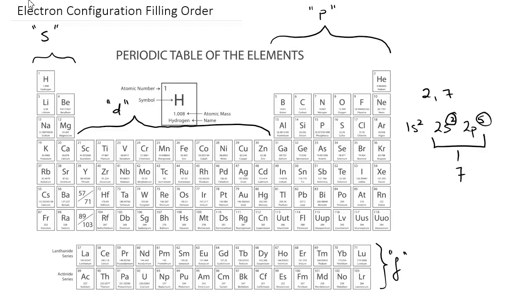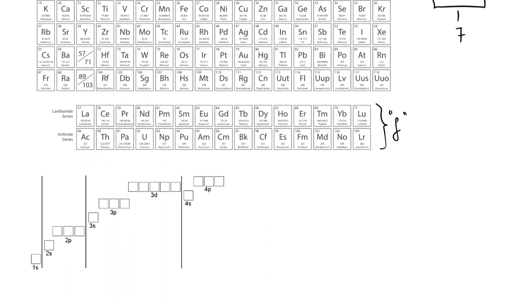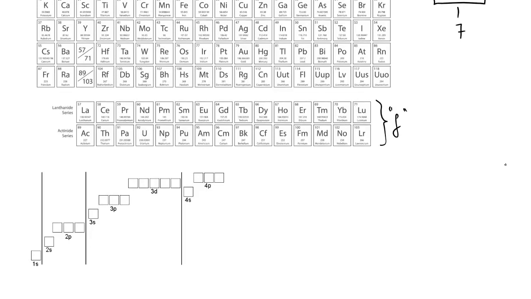Okay, so now we're looking at something still related to the electron configuration, something called filling order. Now, I'm just going to show you a diagram down here. What this diagram is showing us, as you can see, is a lot of boxes.